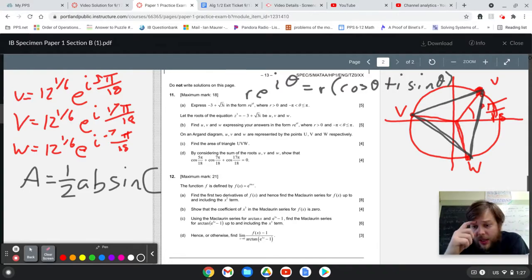So we can use our calculator with these values to get the coordinates and then use the distance formula. I'm going to grab a calculator and we'll try to do it that way.